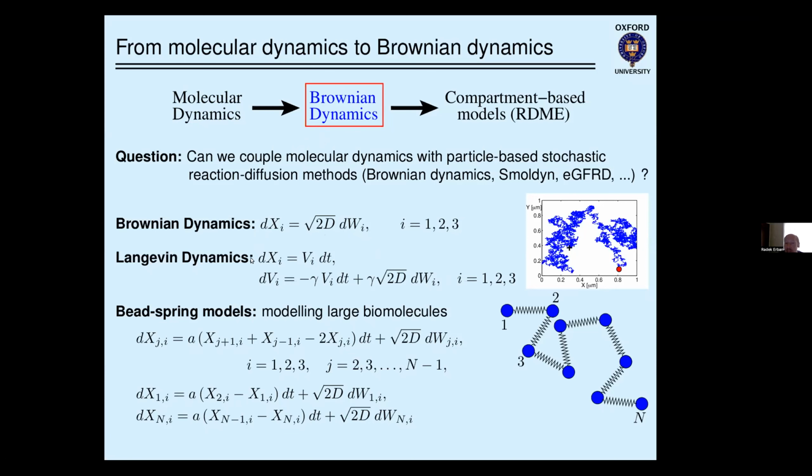Some people call it Langevin dynamics, when we simulate not only positions, but also velocities of molecules. And we also have to simulate forces. In some applications, for modern large biomolecules, you don't describe a biomolecule by just one point, but by a sequence of beads connected by springs. All these types of models I would put under the label Brownian dynamics.